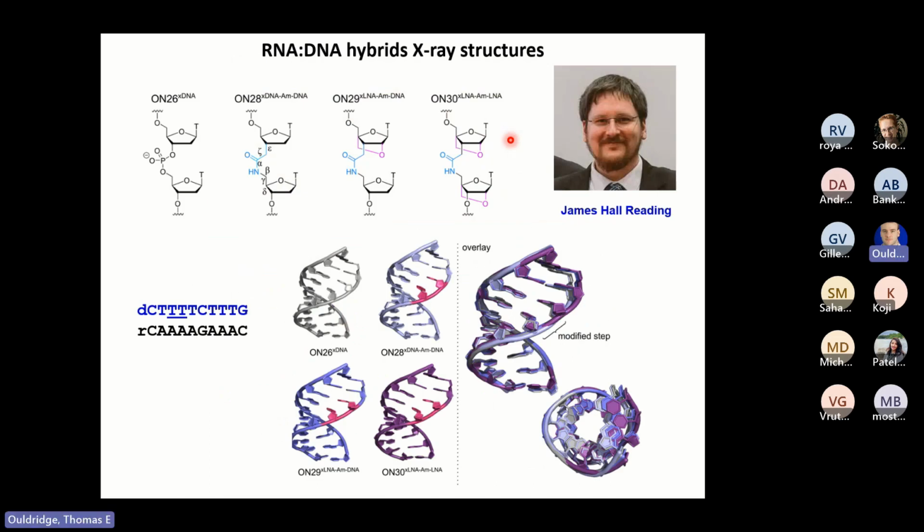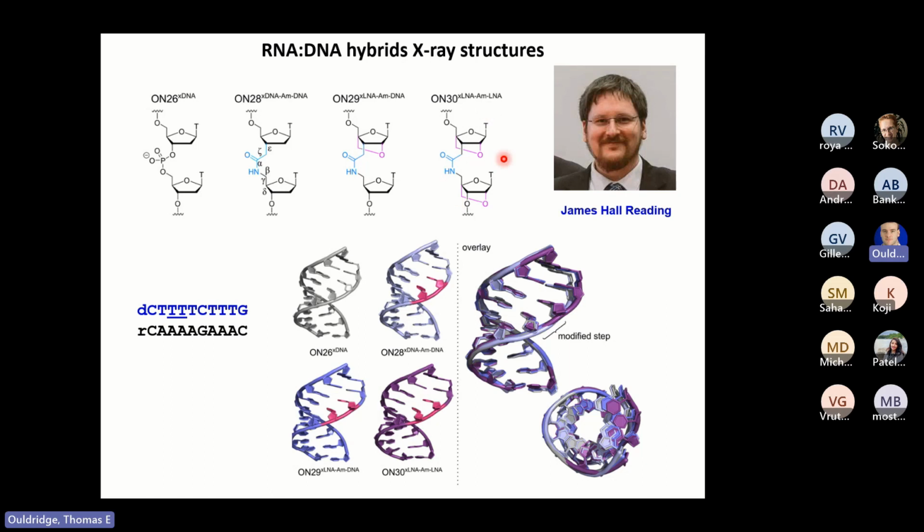And again, we wanted to work out what kind of effect these different modifications have on the stability of a duplex, but also the structure of a duplex. So with James Hall, who's a collaborator at Reading University, we synthesized a whole series of DNA-RNA hybrids in which we incorporated the modification in one place here, which is shown here in red, and we compared the structures of different combinations where this dinucleotide step had a normal phosphate, where it had a DNA amide, where it had an LNA amide with the LNA just on top, or an LNA amide with the LNA in both positions.